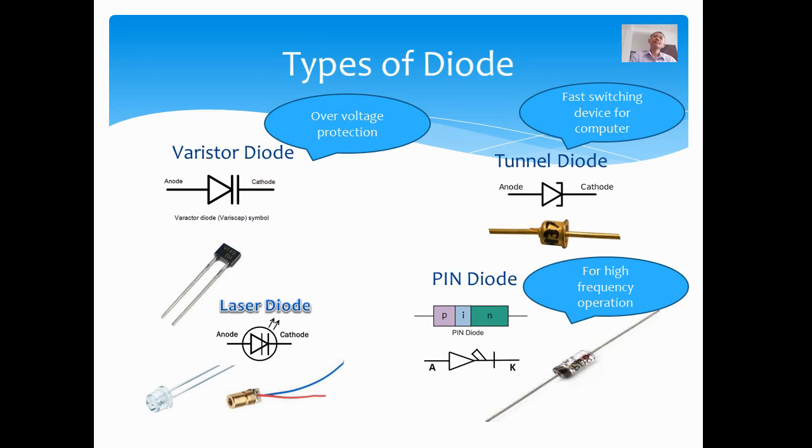These are the example components. The laser diode is basically used in electronics applications like DVD, fiber optic, barcode reader, etc. It can also be used in medicine and some other industrial applications like cutting of metals.